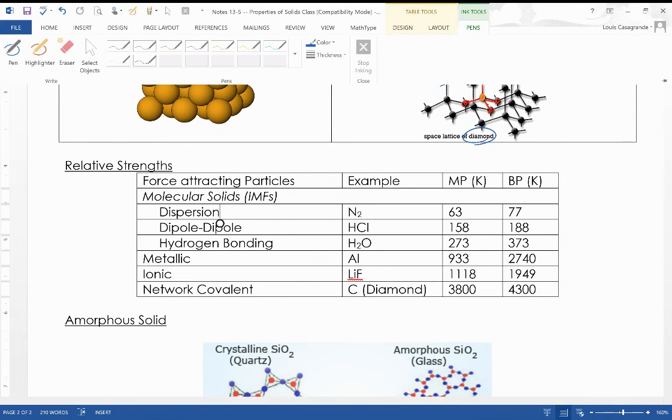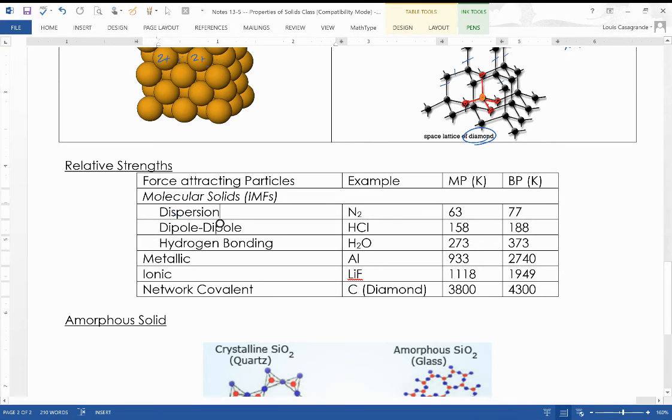So this is just a table showing the relative strengths of the various types of materials and some examples, going from lowest to highest. So dispersion forces, dipole, and hydrogen bonding. You notice the melting points as we come down, going down here. Melting points and boiling points are going higher and higher. Likewise here.